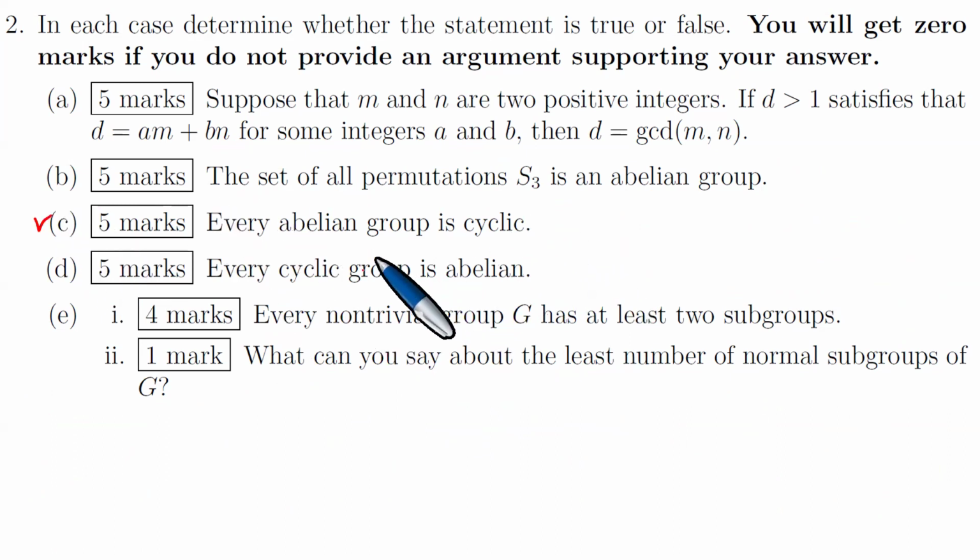Every abelian group is cyclic. True or false? Well, obviously, this one is a false result, and we explain. It is false. Why is it false?